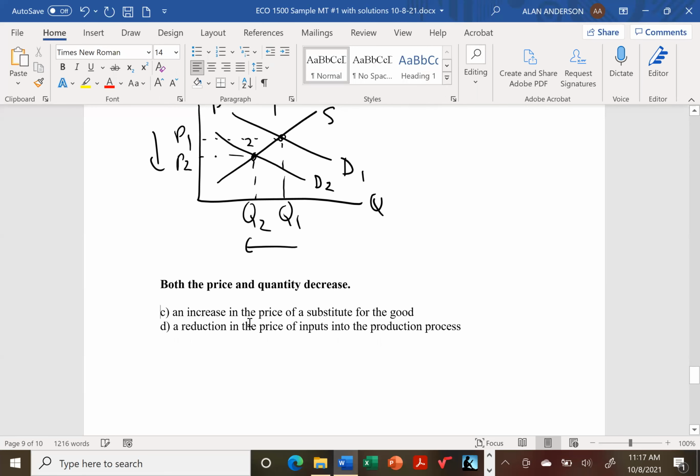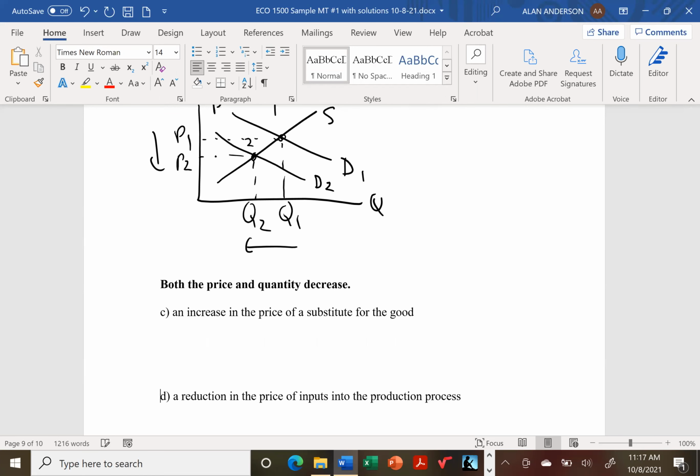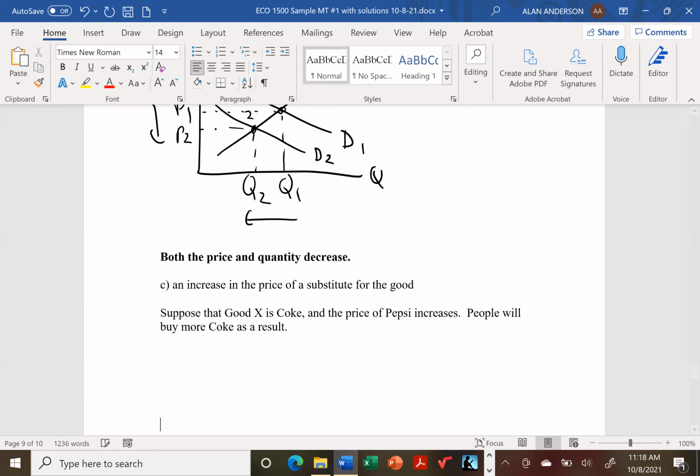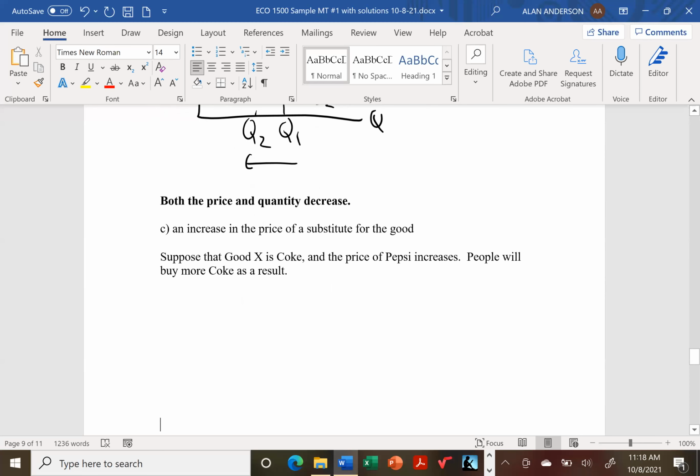Now, for substitutes, again, you should think of an example. Suppose that good X is Coke and the price of Pepsi increases. People will buy more Coke as a result. All right, so this is a repeat of the first case. The demand curve shifts to the right.